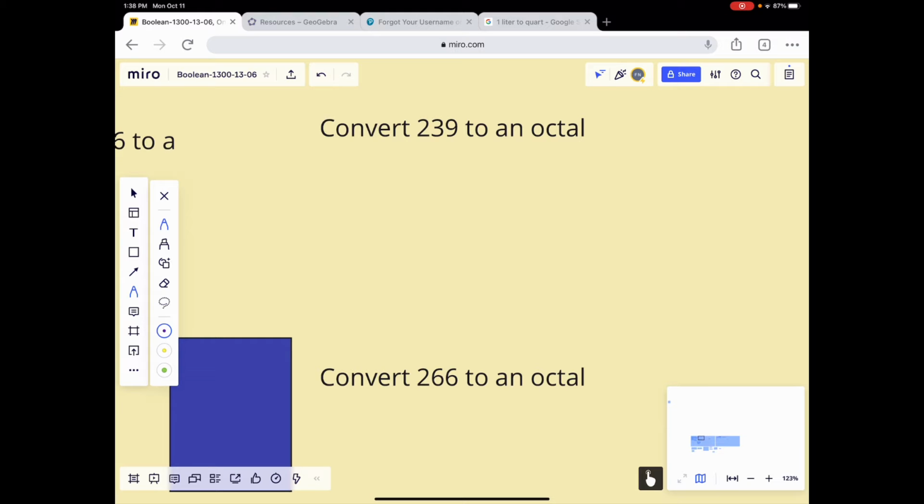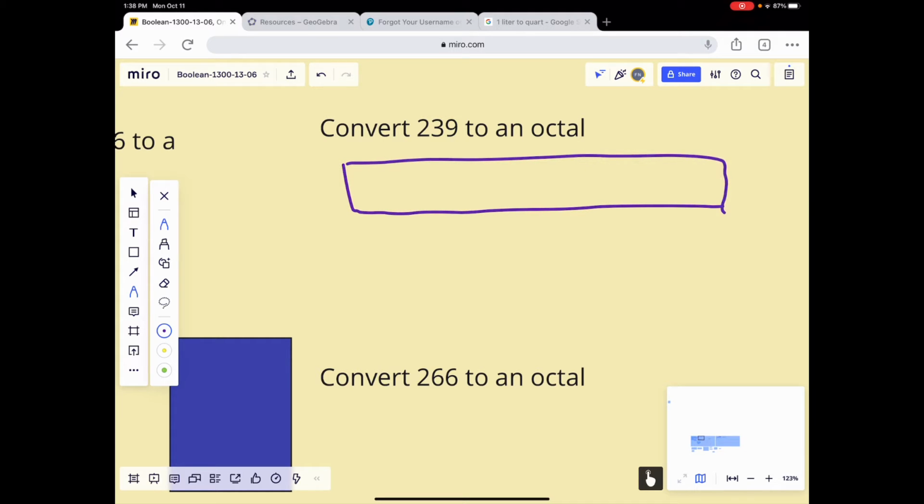As you can see, the table shows 8 to the power of 0, 8 to the power of 1, 8 to the power of 2, 8 to the power of 3, 8 to the power of 4, and 8 to the power of 5.